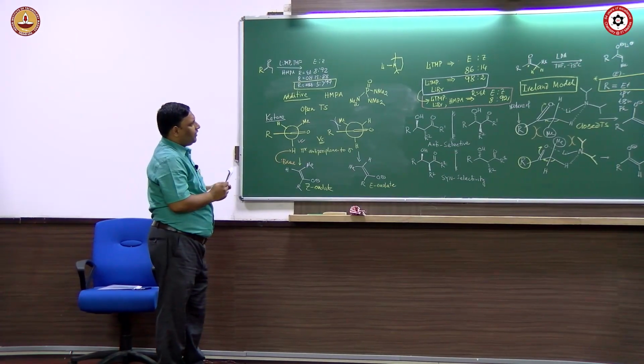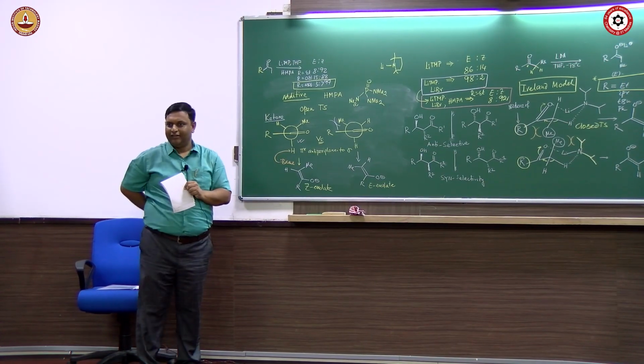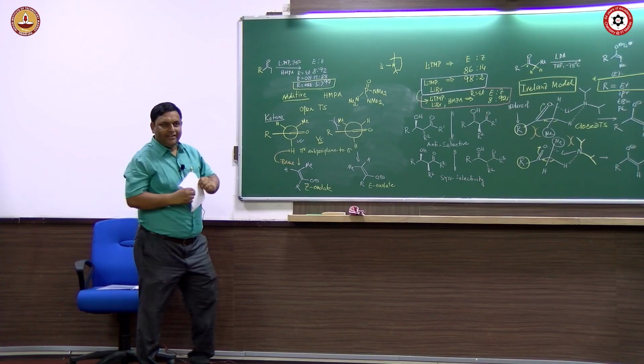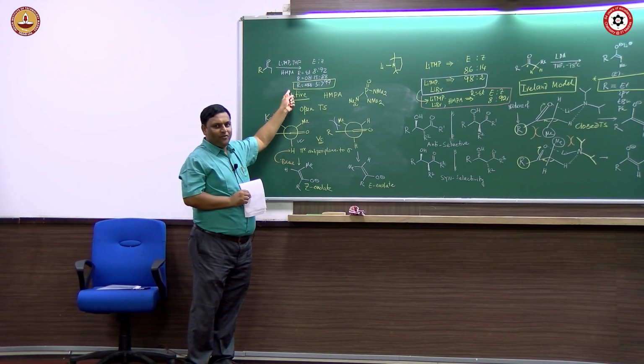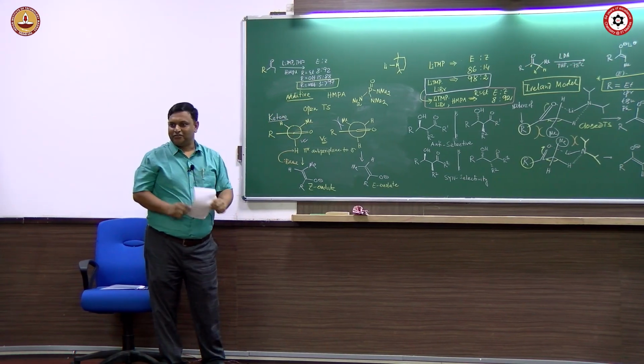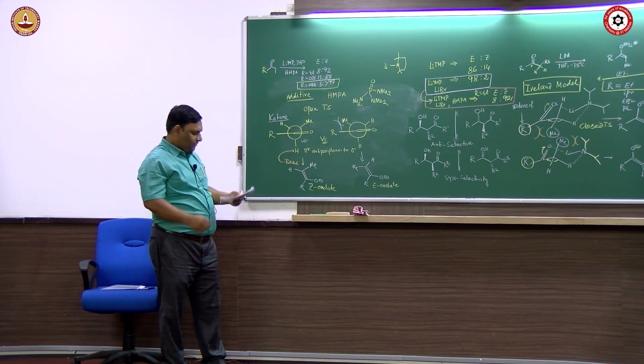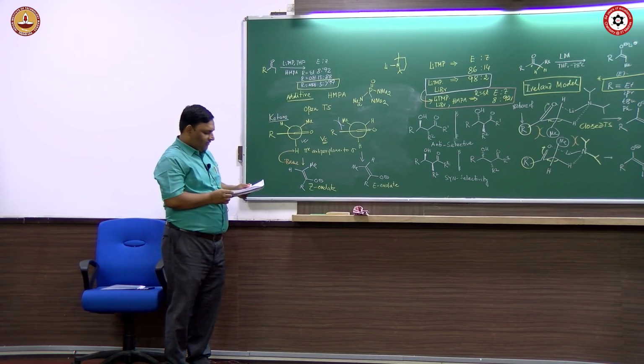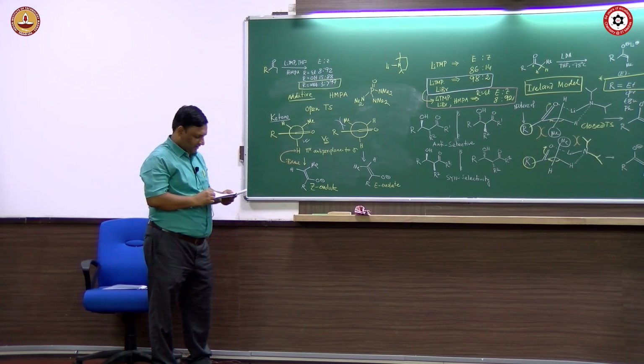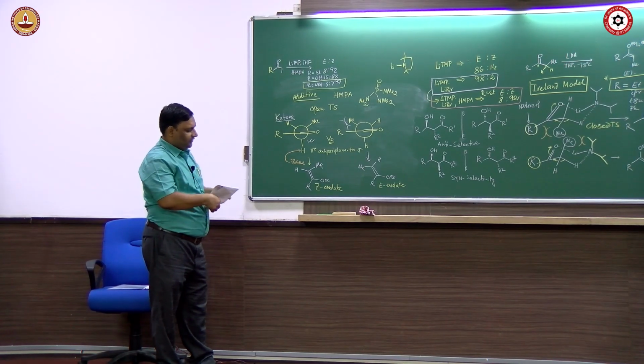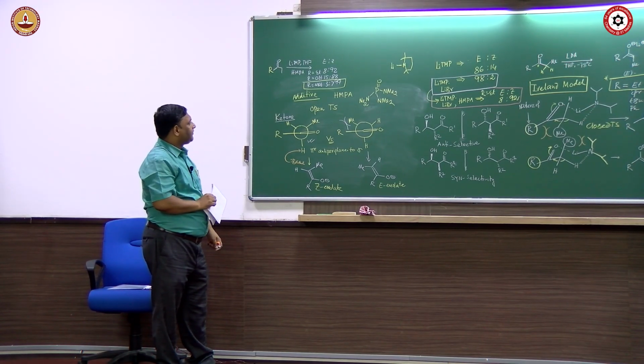So what is then exactly happening? Why is the amide not following the trend? Why are the others following the trend? That we can easily figure out from this particular scenario.